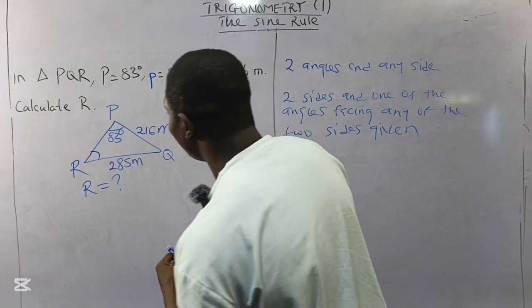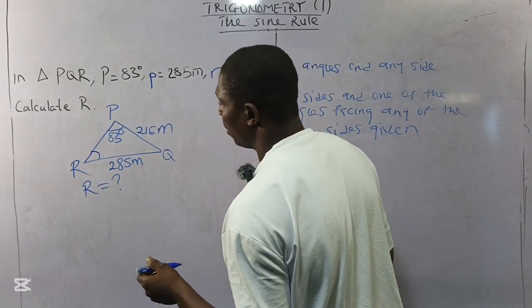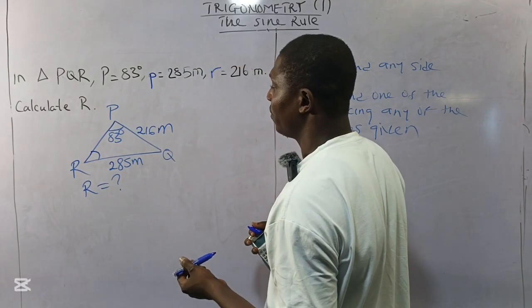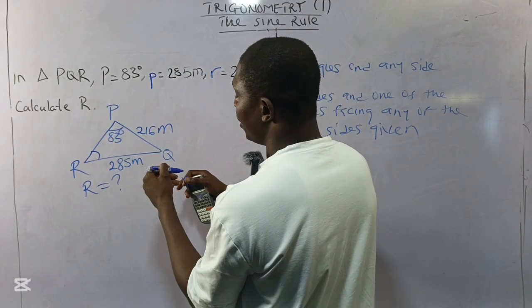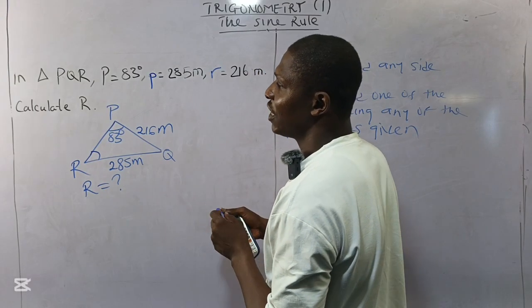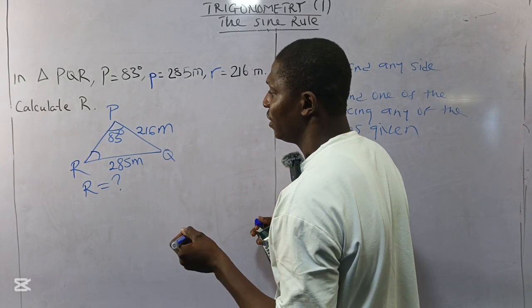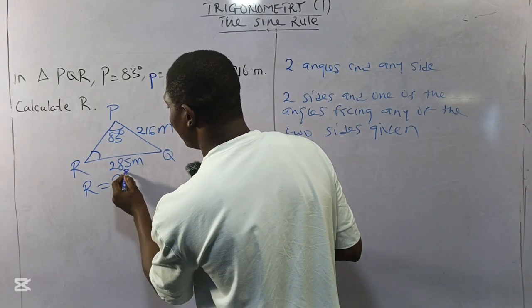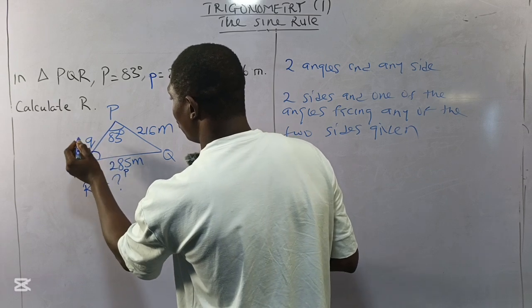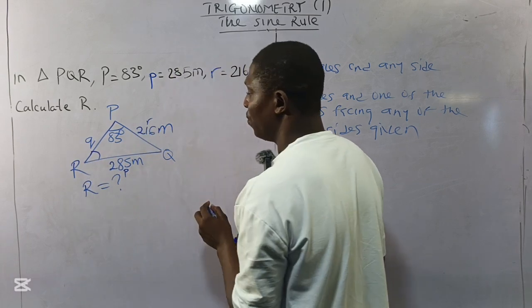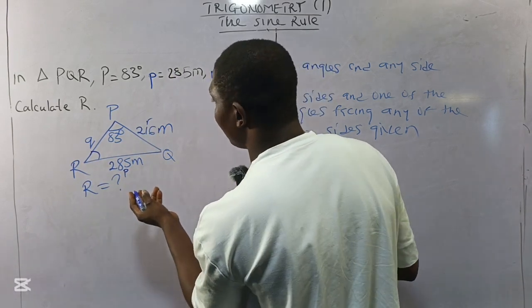Now, let me write my relationship. How do I write my relationship? This is not given in terms of A, B, and C, but in terms of small letter p, small letter q, and small letter r.